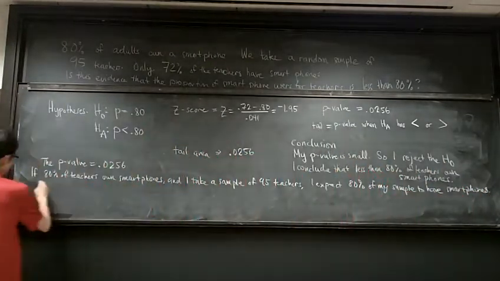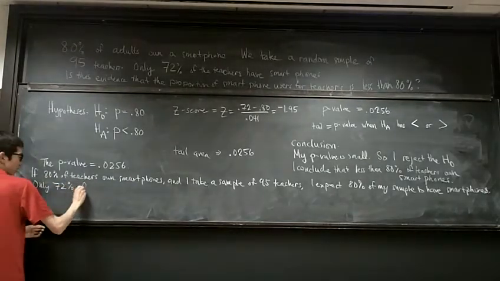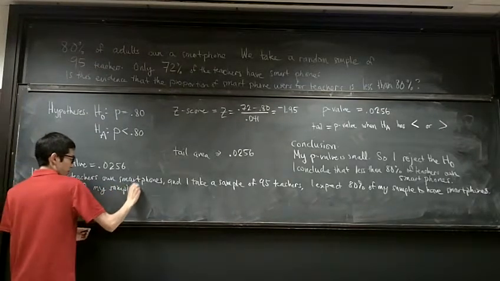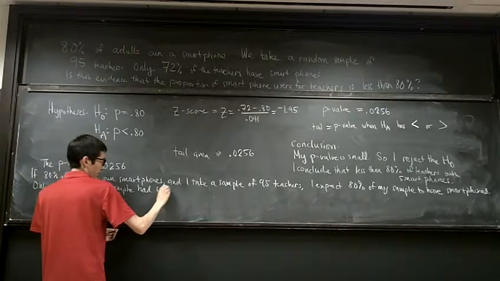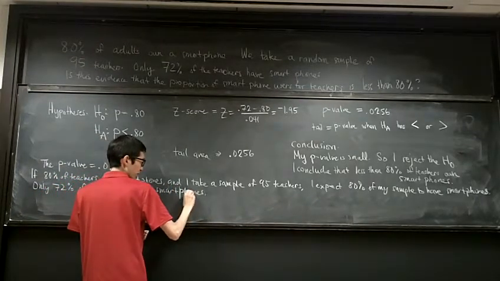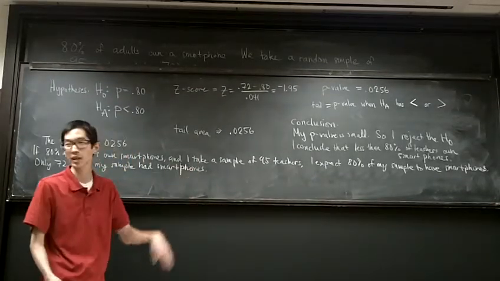Only 72% had smartphones. Only 72% of my sample had smartphones. How often does that happen by random chance alone? 2.5% of the time.